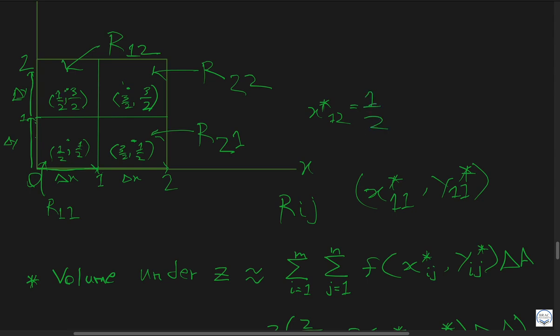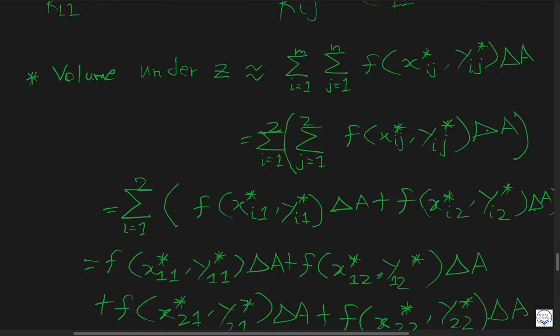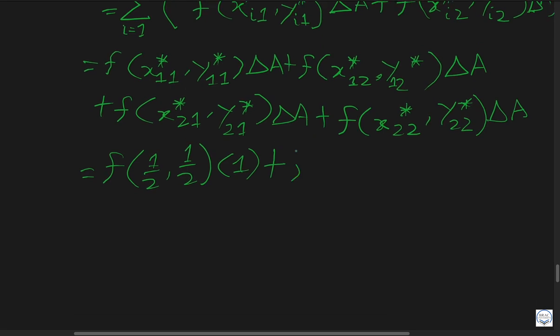So we put that. Now let's find the 1,2 region, to find x12 star and y12 star. So the 1,2 region is this one, and x12 star is actually equal to half, and y12 star is what R12's star y coordinate is.